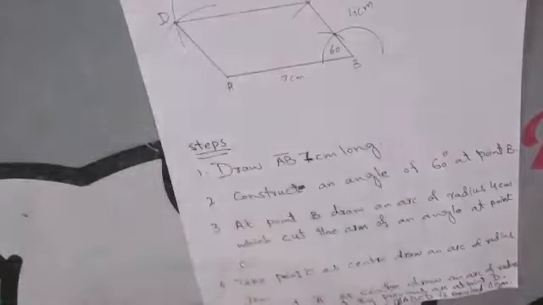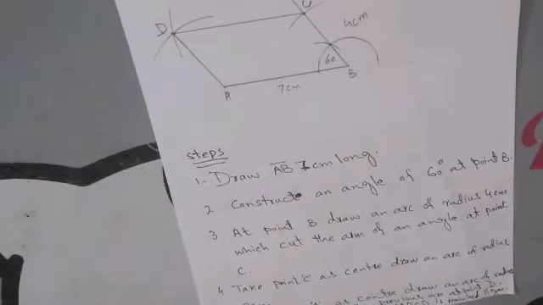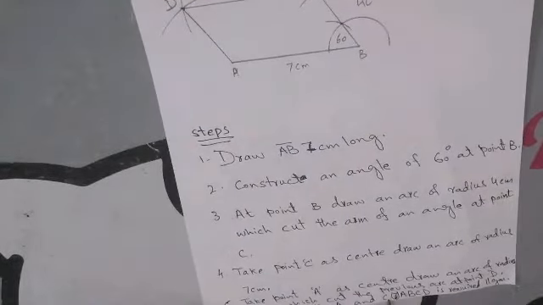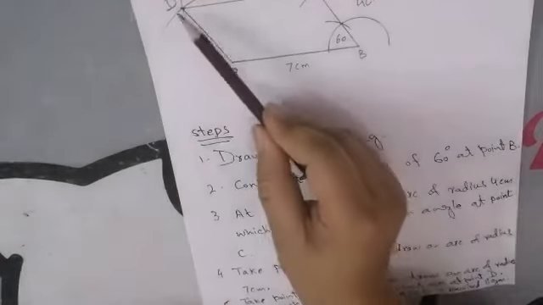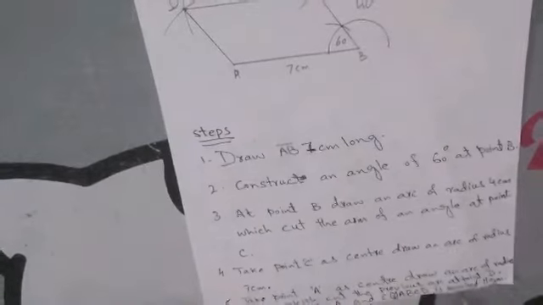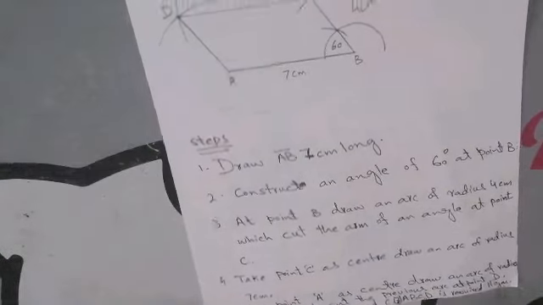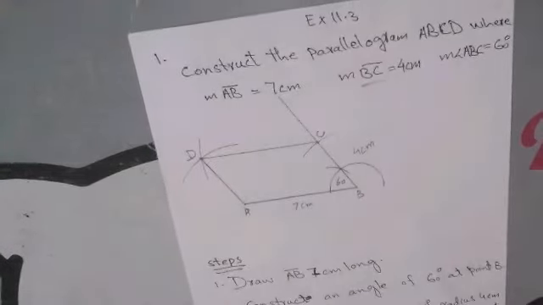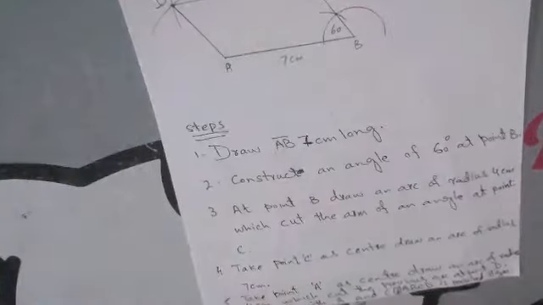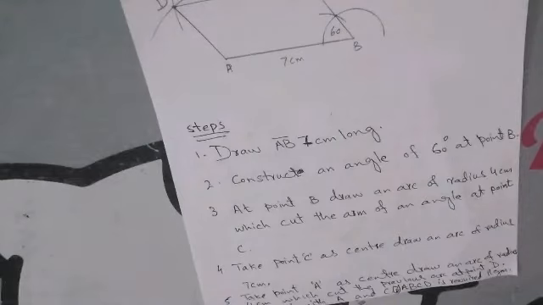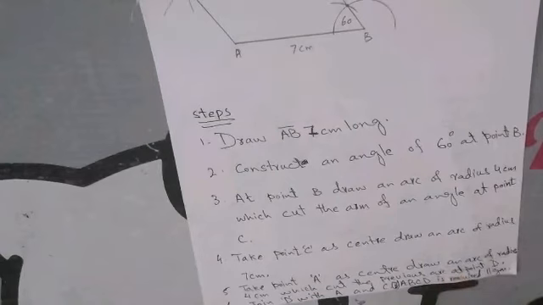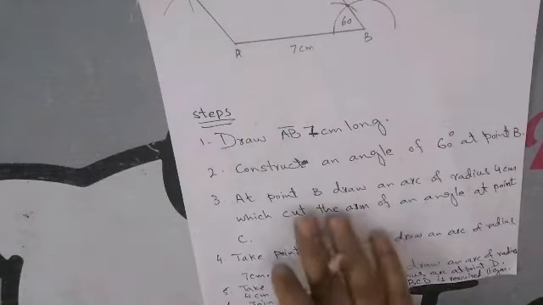So look, join D with A and C. ABCD is the required parallelogram. So this is the required parallelogram. So you can easily note down the steps of construction. So these are the steps of construction of the first question.